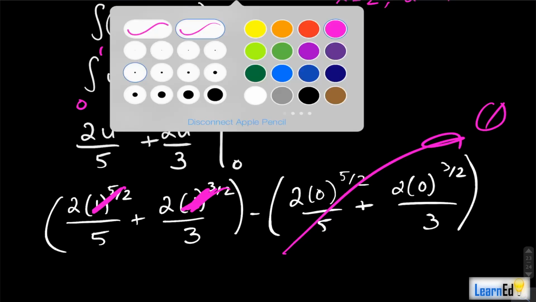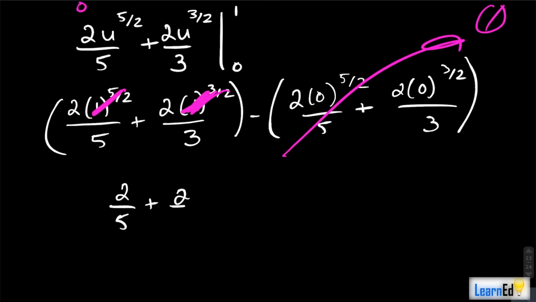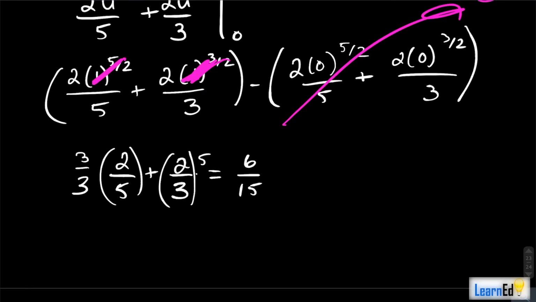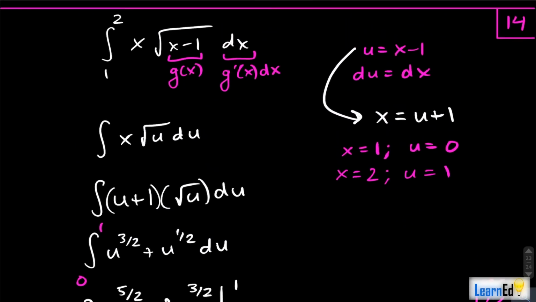So really you just have 2/5 plus 2/3, and that's it. And then you can just find common denominators here. You can go, okay, well, you multiply this thing by 3 over 3. This gives you a 6 over 15. Multiply this thing by 5 over 5, and gives you 10 over 15, and you end up getting 16 over 15. Okay? So that's the idea.